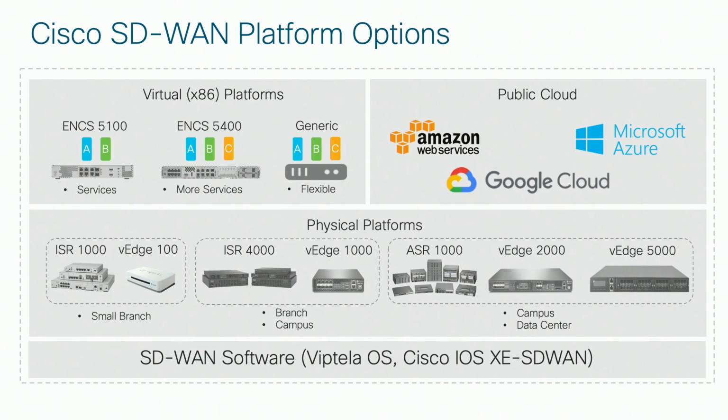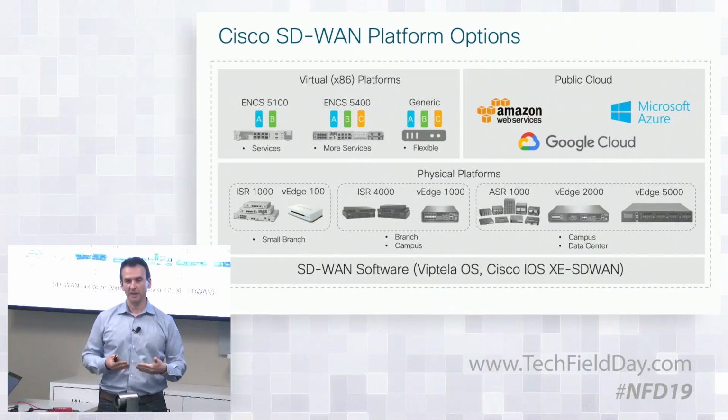So it's a little friendlier than a generic x86 server, but customers have a choice of running this on ENCS or any plain vanilla x86 server. And we reach into the public cloud by offering instances of virtual routers in three major cloud compute environments. So that's the lay of the land, the menu of choices that customers have.